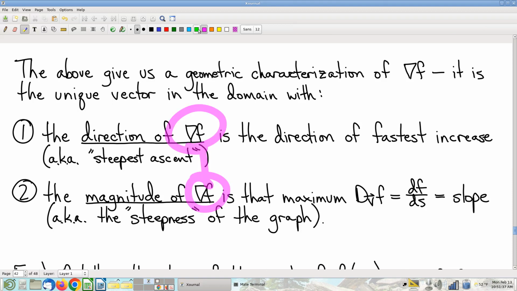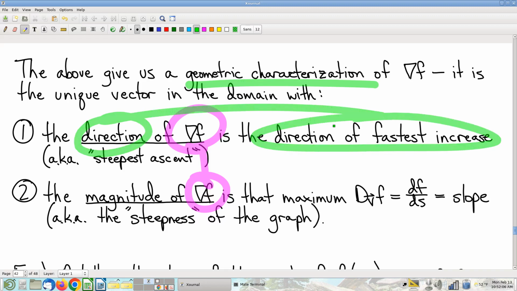The gradient vector, previously we've thought of it as a notational shorthand. I don't want to write out all the terms of the linear approximation. It was bulky, so we noticed it looks like a dot product. We made up a notation, we just called it the gradient. It was purely notational convenience. Now we have a geometric characterization of it. The direction is the direction of fastest increase.